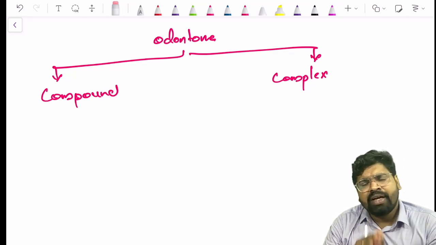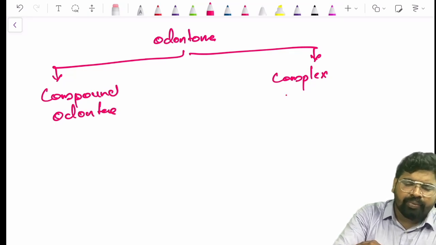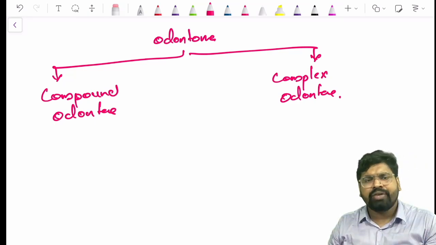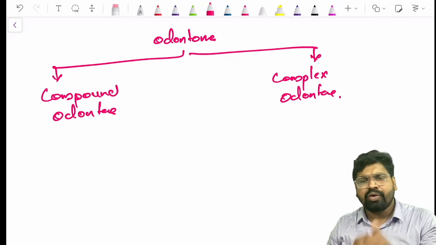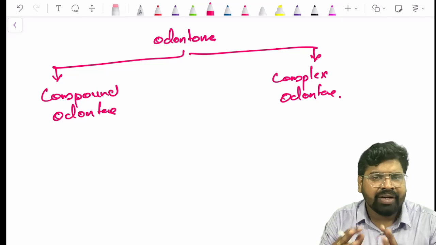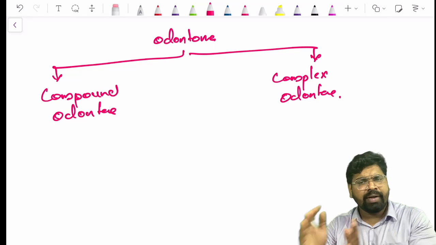So the terms are compound odontome and complex odontome. In certain textbooks they say compound composite odontome and complex composite odontome. That word composite just means a mixture of all, so we don't use that term. We will use compound odontome and complex odontome.